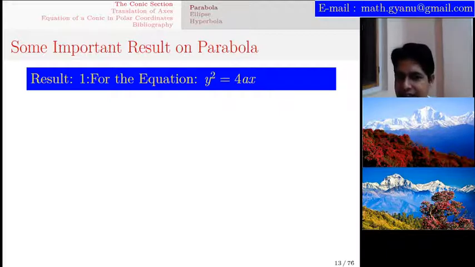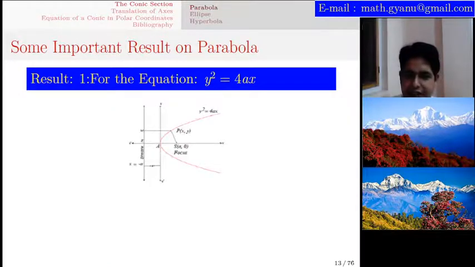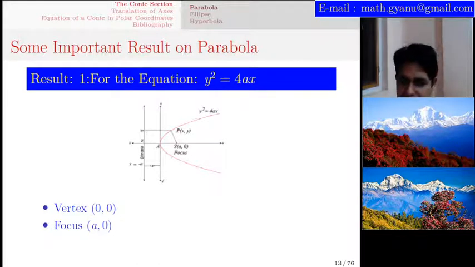That is the standard equation of parabola which we already derived, and we are familiar with all the components. I hope you also memorize. Once again see that this type of graph will occur for this curve y squared equals 4ax, and the different components are labeled. In this figure the vertex will be the origin (0, 0), the focus will be (a, 0), and the equation of directrix will be x + a = 0.